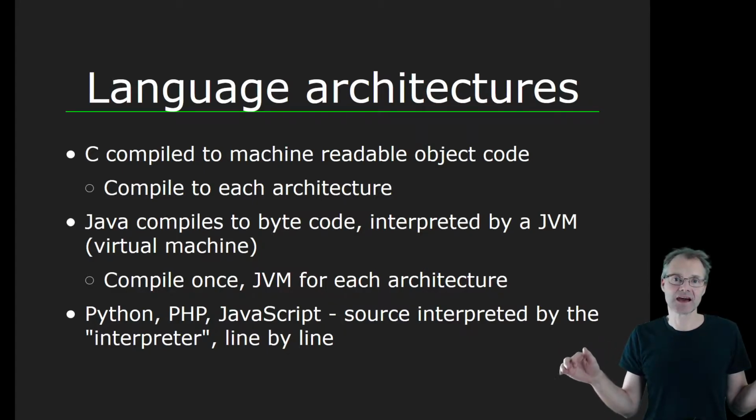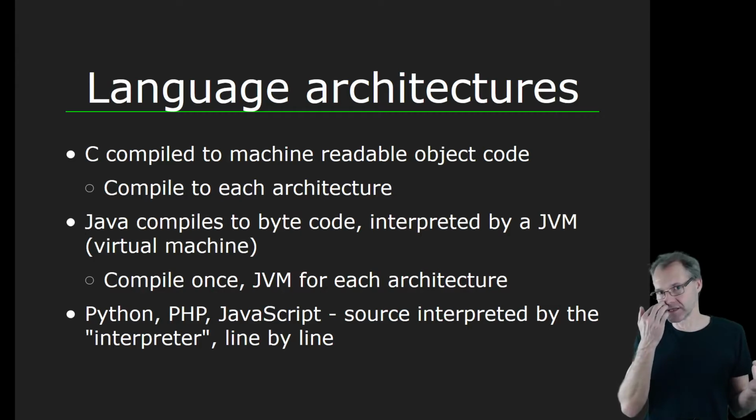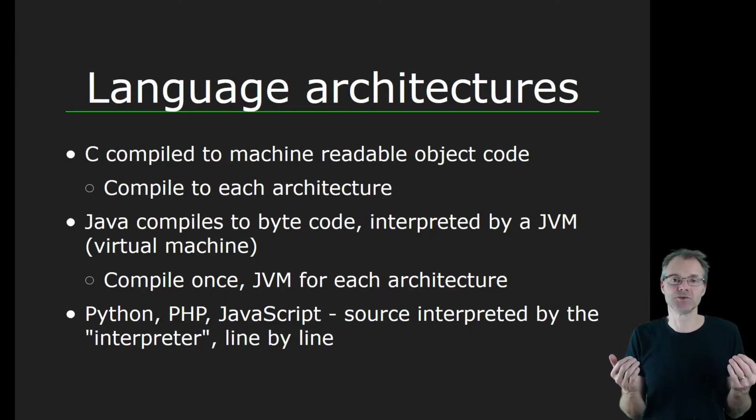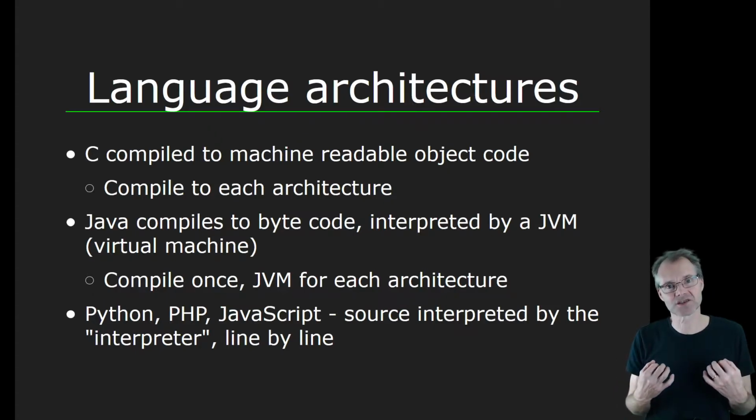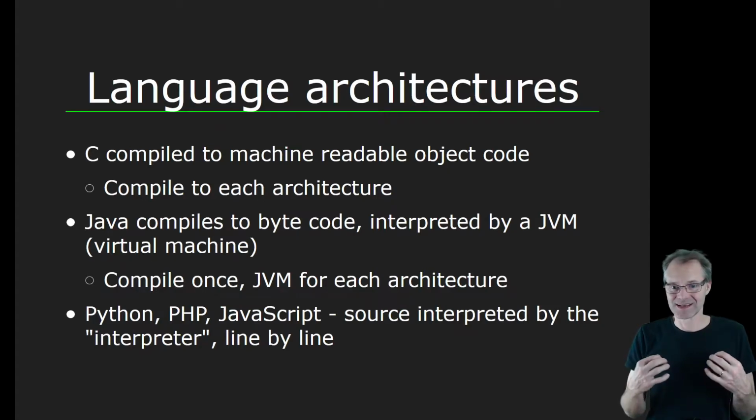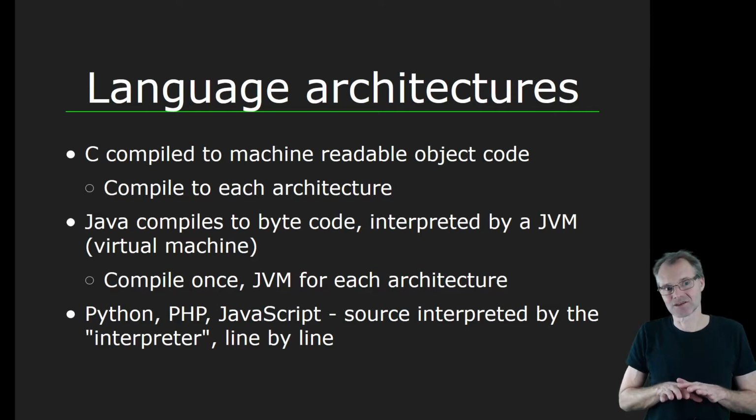And then they have a virtual machine that is executing this bytecode, and this virtual machine then needs to be aware of what kind of architecture it's working on. So in that sense, it's the virtual machine that is architecture dependent.